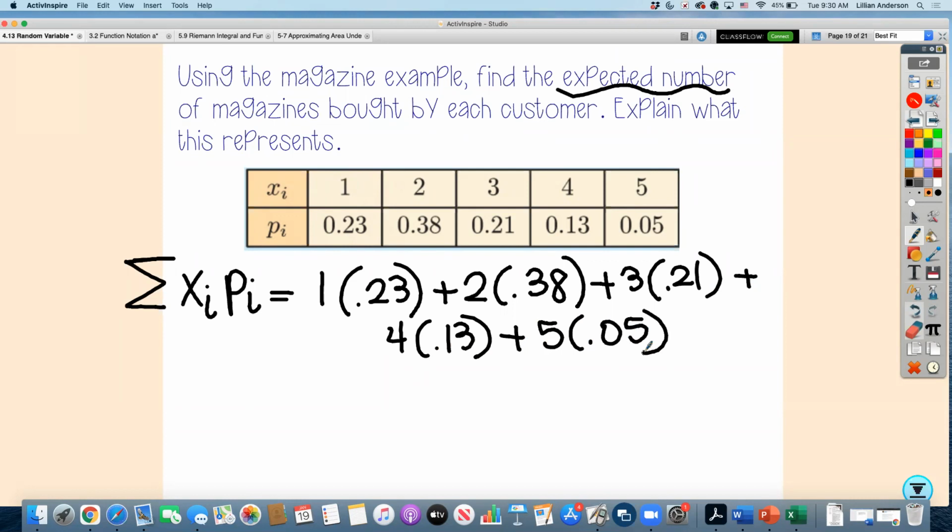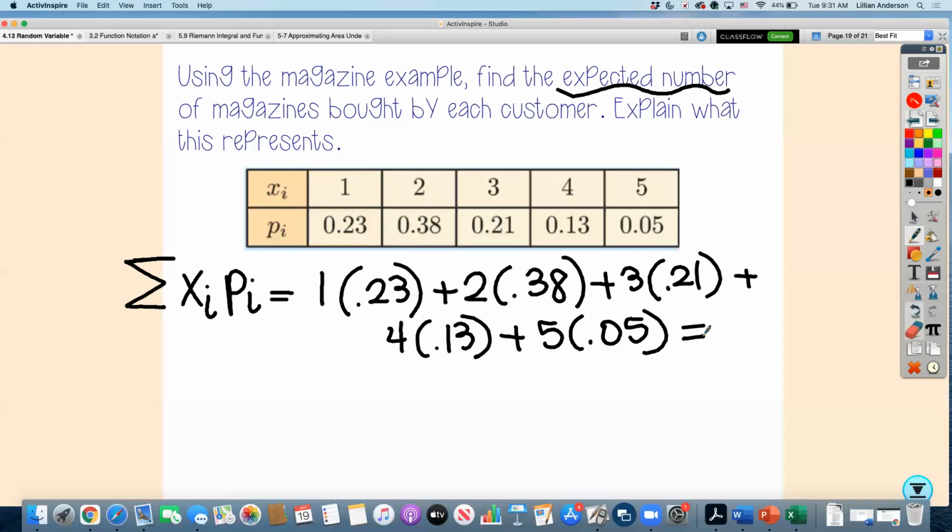That's how we find the expected number of magazines bought by each customer. That's also how we find the mean number of magazines bought in a week. That's also how we find mu. It could be represented several different ways, but we take each of the X values and multiply them by their respective probabilities and add them up.